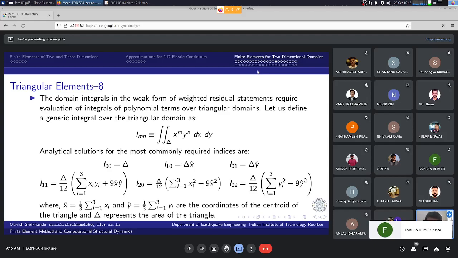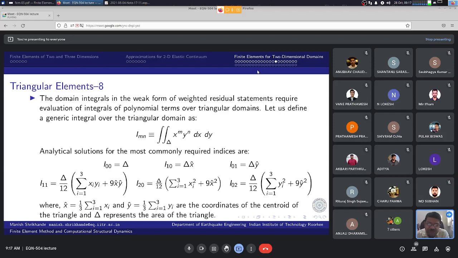And sometimes explicit inversion may not be possible. For example, it may not always be possible to express y in terms of x and then express the limits of y also in terms of limits of x, which would make it easier to evaluate.